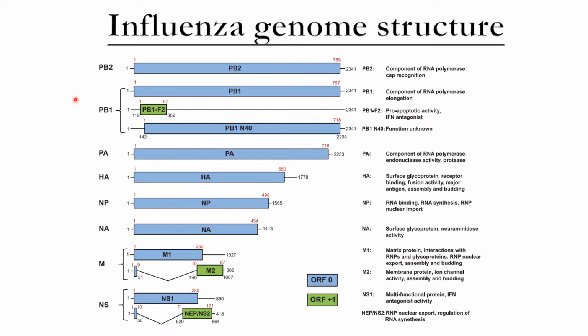The genome of influenza C viruses has only 7 RNA segments, with the 3 largest RNAs each coding for one of the polymerase proteins. The PB1 and PB2 proteins are homologous to the corresponding influenza A and B virus proteins.